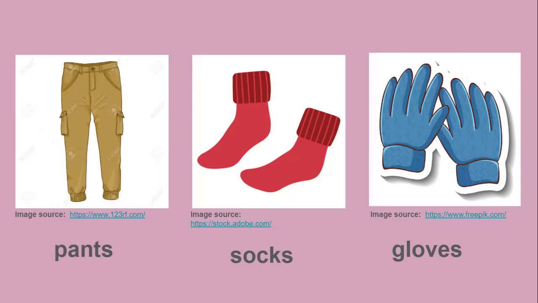But in this case, we looked at the most common ones, all right? So now that we know how to say some of these clothing items, we can move to the next section.